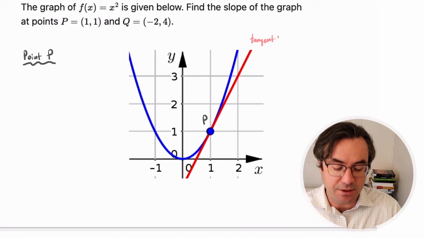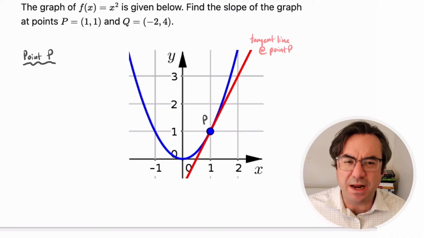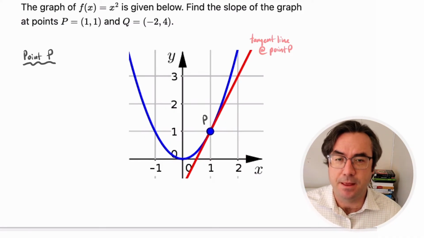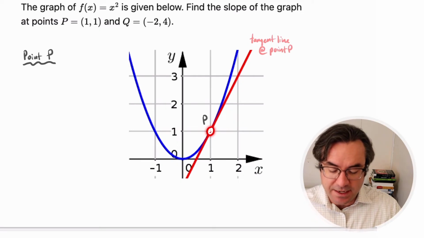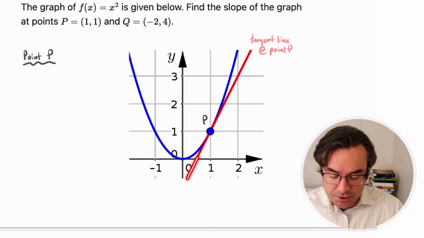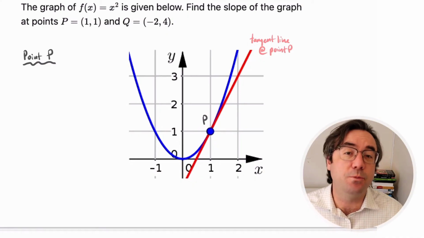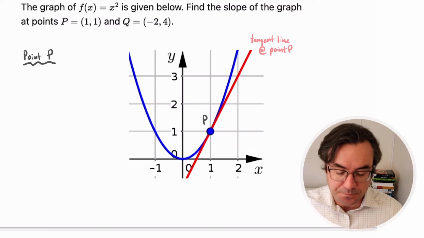So this is the tangent line at point P. Each point on the curve is going to have its own tangent line. And once we've identified our point, and once we've drawn in the tangent line there so that it has those nice properties, then we just have to figure out the slope of this line.